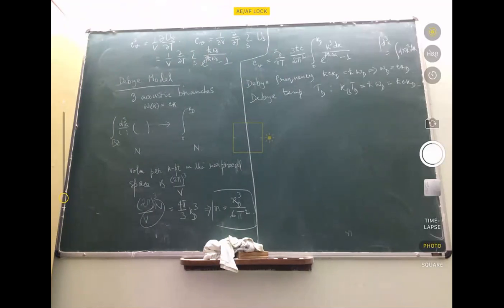Okay, so there what you do is you take a larger volume of the sphere so that the number of k points, so if you have, let's say, 3 optical branches, the number of k points has to be doubled. So you take a radius of the sphere accordingly so that now it contains twice the number of N k points.